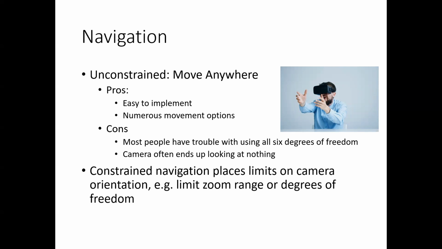And when you get people lost in virtual environments, the camera oftentimes ends up looking at nothing. And constrained navigation alleviates that problem to a certain extent by placing limits on the camera orientation. For example, limiting the zoom range or the degrees of freedom. You can't go up and down. You're stuck without flying.